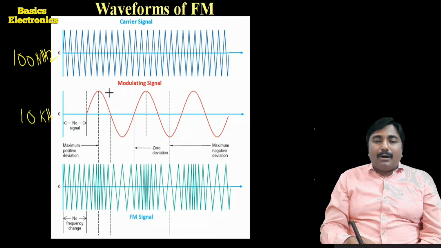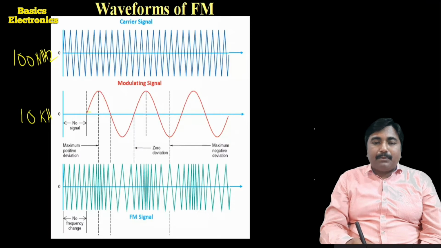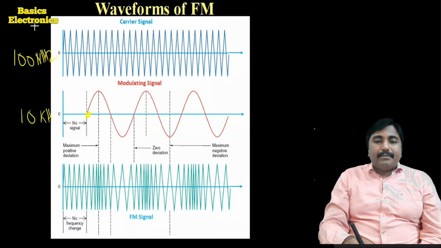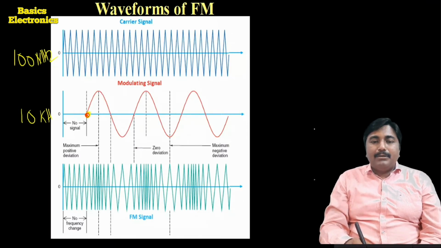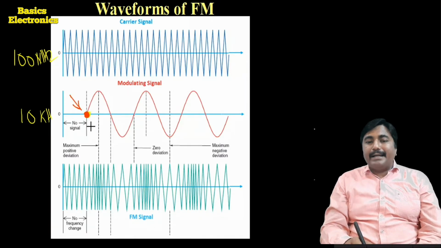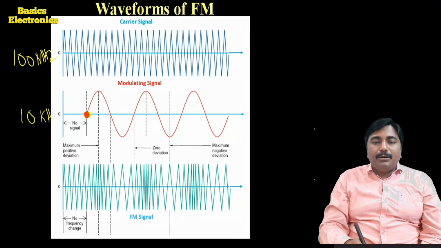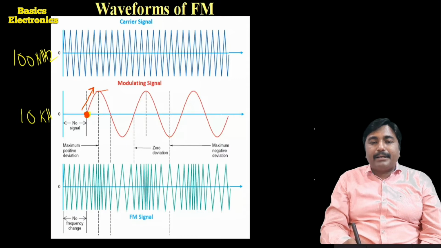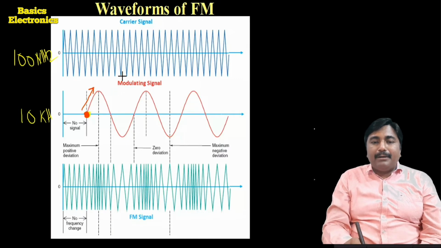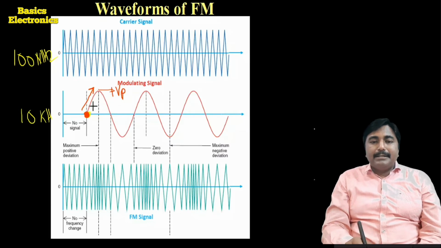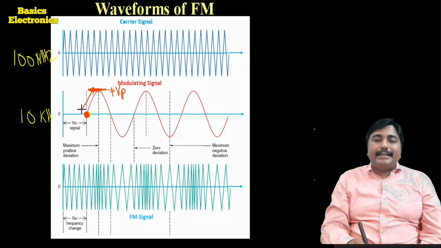Suppose here we are at this point, the amplitude of the modulating signal is equal to 0. At this point it is equal to 0 hertz. As it increases from 0 to its maximum value, there is a peak value, which I am going to denote Vp. Up to this point it changes from 0 to the peak voltage.